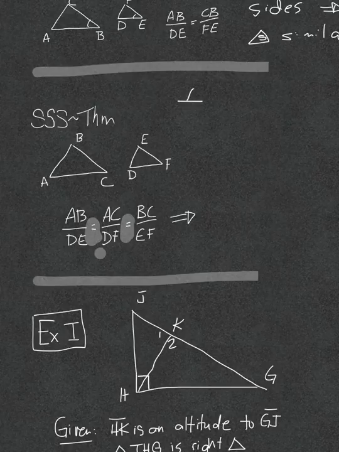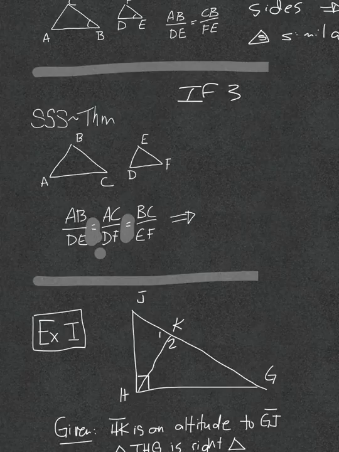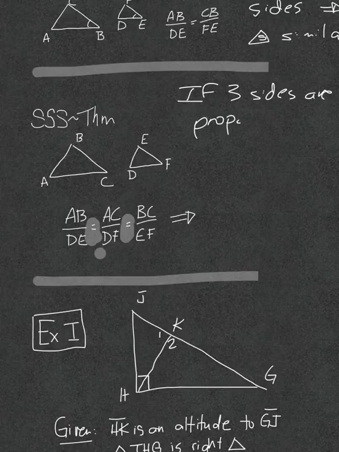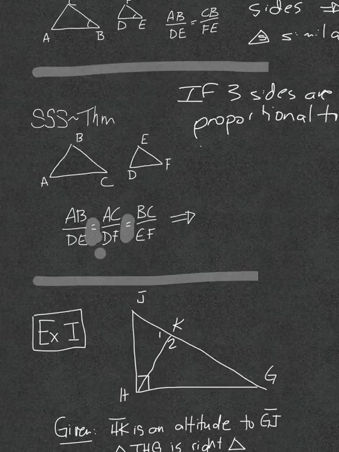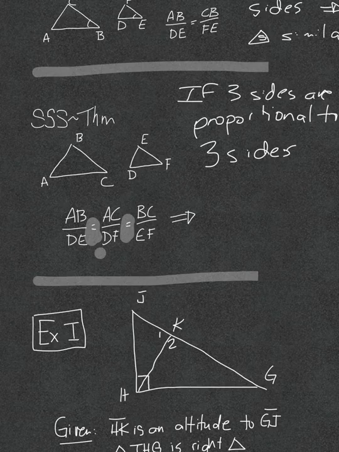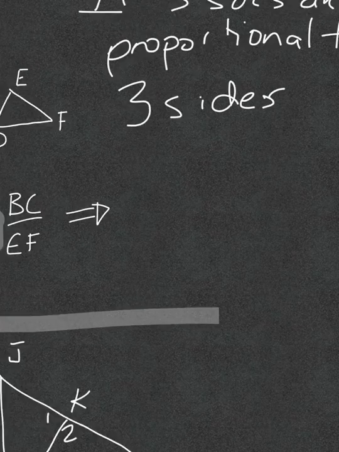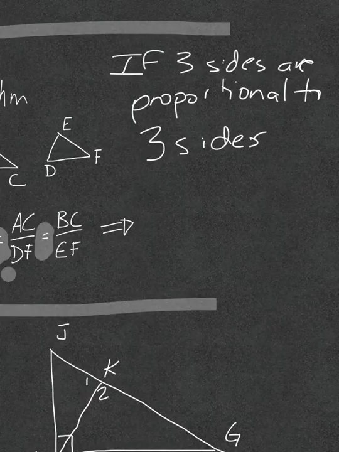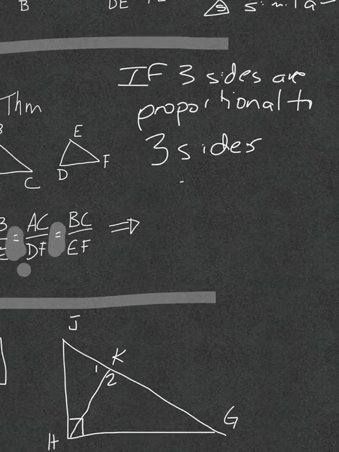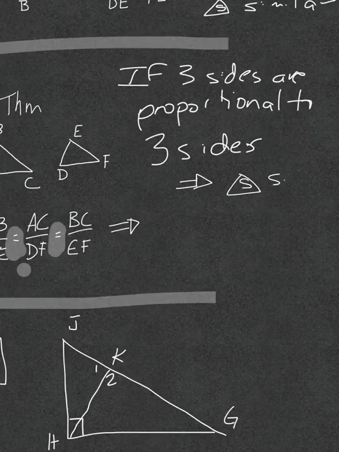So, if three sides are proportional to three sides, and again I'm referring to triangles here, then triangles are similar. Okay?